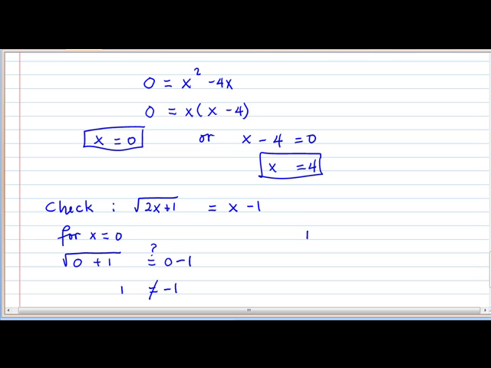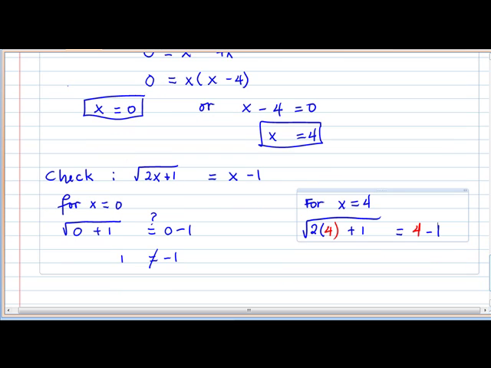Now for x equal to 4, we do the same thing. I have the square root of 2 times 4 plus 1, and then 4 minus 1. So I get 2 times 4, 8 plus 1 is 9.